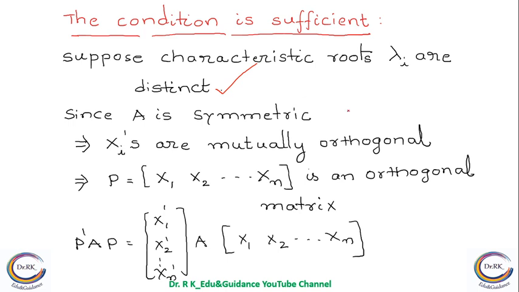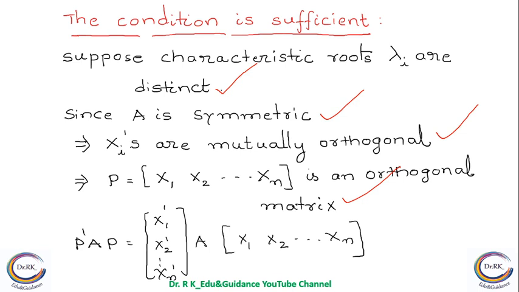And we know A is always a symmetric matrix, which is the basic definition we had when we started quadratic forms. Whenever A is symmetric, the eigenvectors x1, x2, and so on are always mutually orthogonal. Then if we take a non-singular matrix P equal to x1, x2, and so on up to xn, this is an orthogonal matrix.